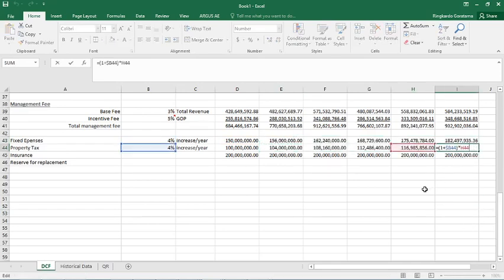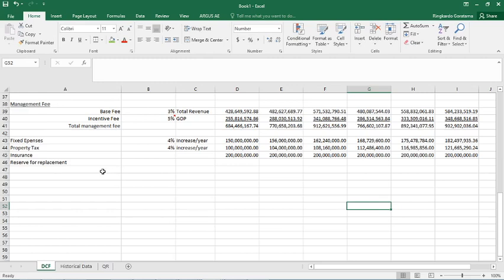Okay, right. So we got the total. This is insurance, preferred property tax, insurance, and reserve for replacement.